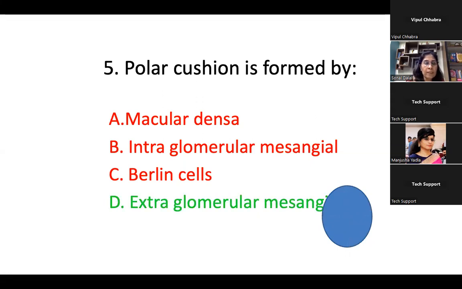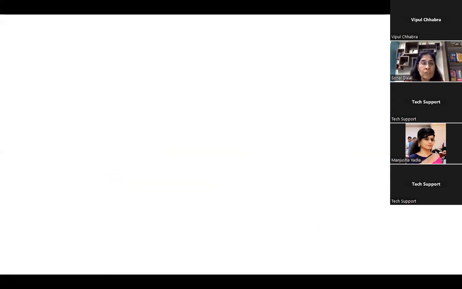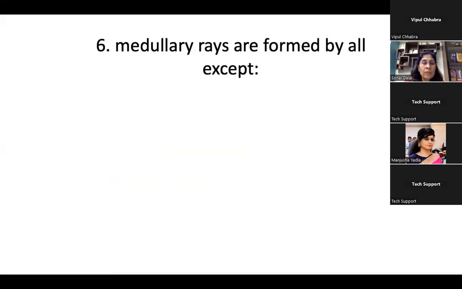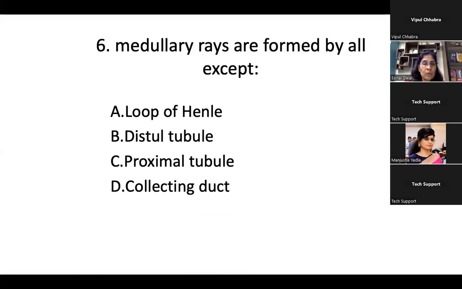Timer. The correct answer is option D, extraglomerular mesangium. Question number 6. Medullary rays are formed by all of the following except option A, loop of Henle, B, distal tubule, C, proximal tubule, and D, collecting duct.